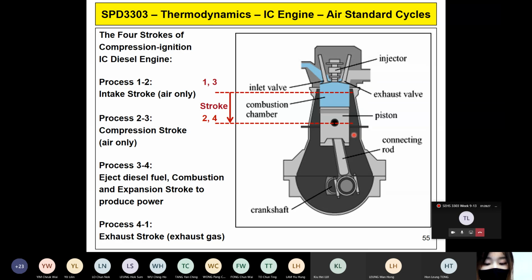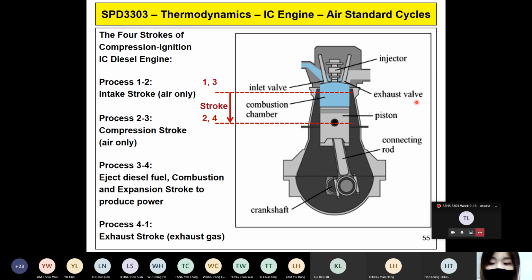The useless burnt gas, now we call it exhaust gas. We'd like to drive it out of our cylinder. So the piston moves upward again to drive this exhaust gas through this exhaust valve.